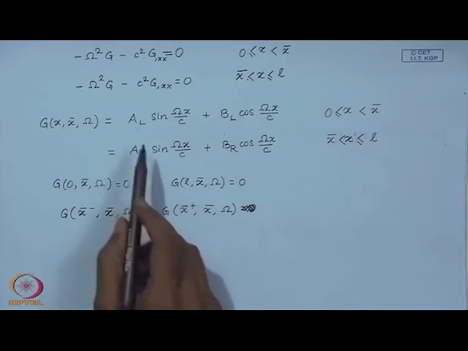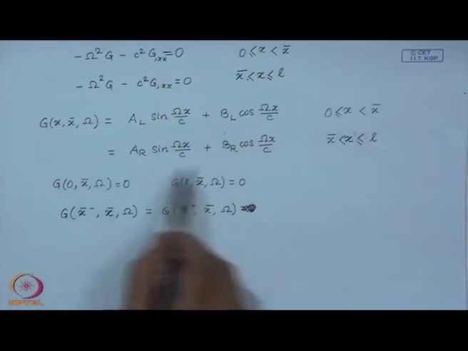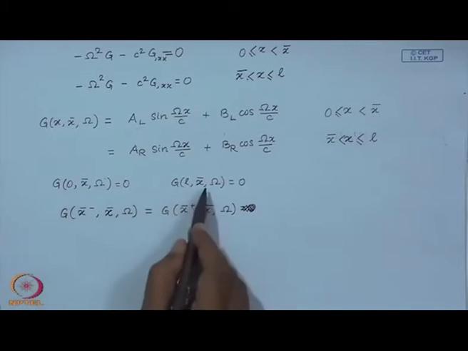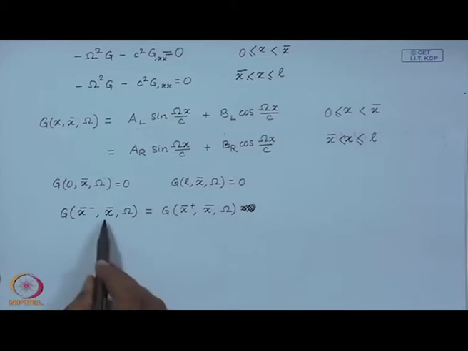So, we will need 4 conditions for solving these 4 unknowns. Now, 2 conditions are obtained directly from the boundary conditions. One further condition comes from the continuity of the string at x equal to x bar.